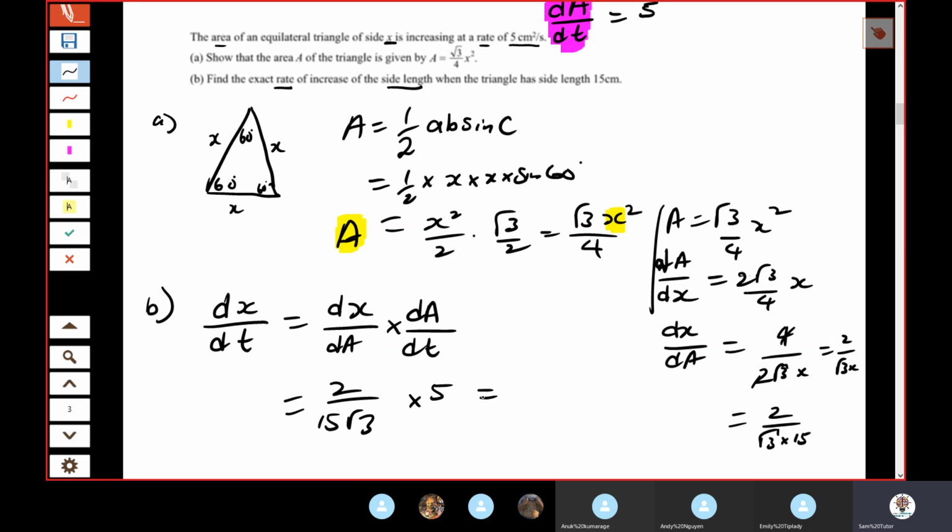And then 10 on 15 is 2 on 3. If you want to rationalize, you can. So 2 root 3 on 9.